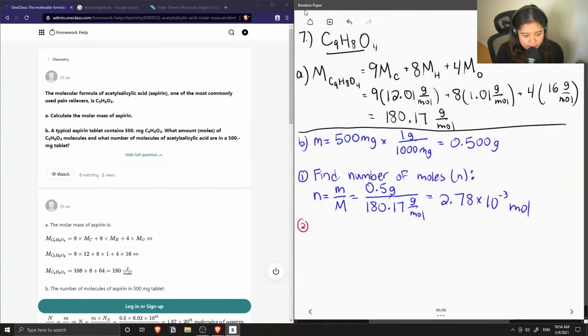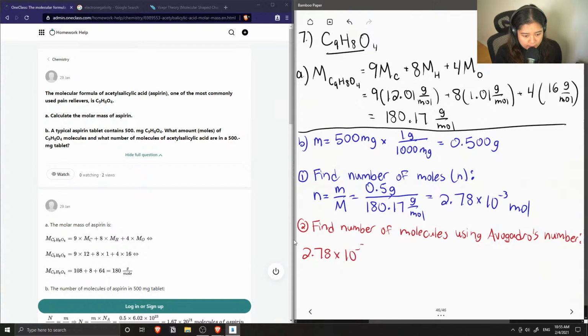So now for step 2, we can find the number of molecules using Avogadro's number. We know our number of moles was 2.78 times 10 to the negative 3.